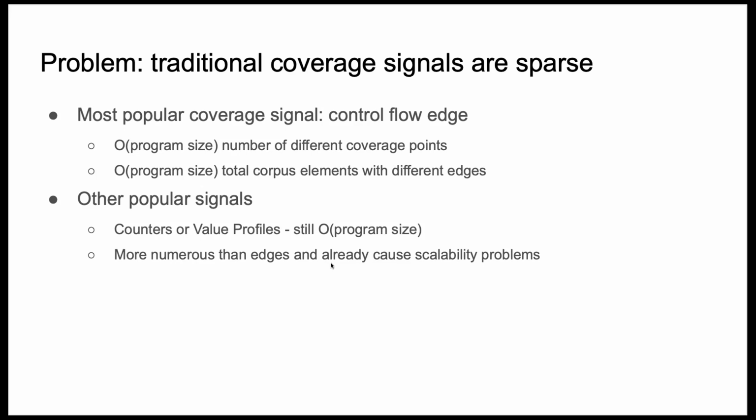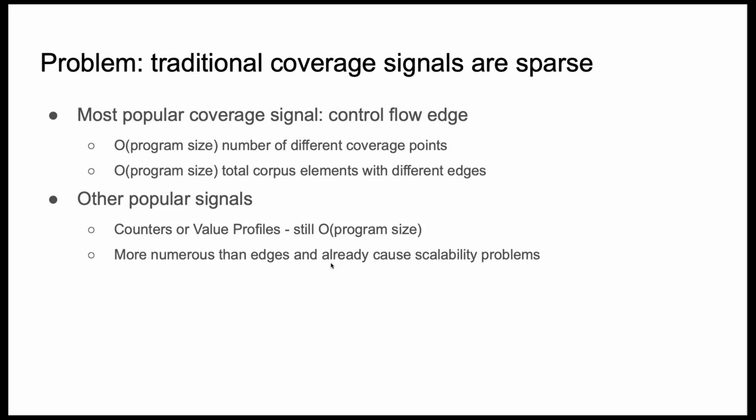And even if your program is very big, the control flow is still as big as your program, not bigger. And you eventually will cover all the control flow. If you're lucky, of course, but you'll probably even cover less than that. And with the traditional guided fuzzing, if you have n different edges in the control flow, your corpus is not going to be bigger than n.